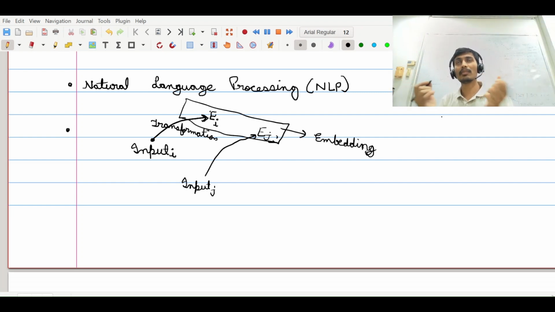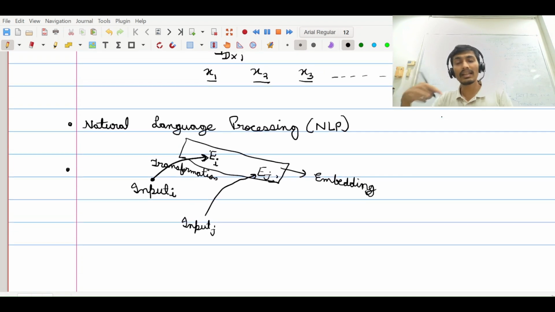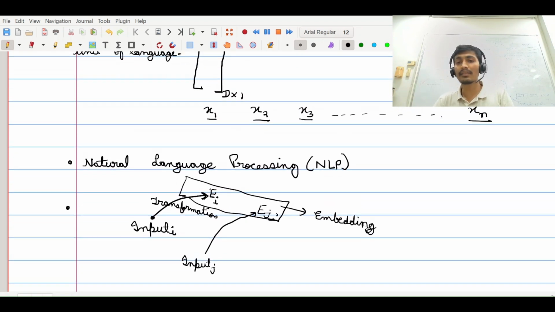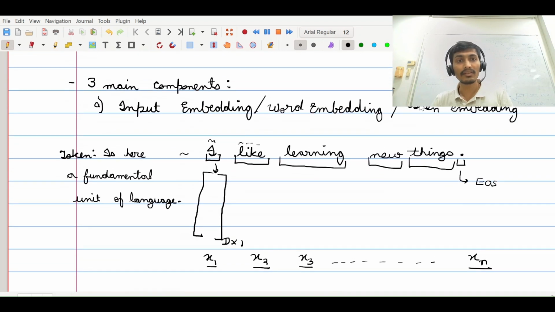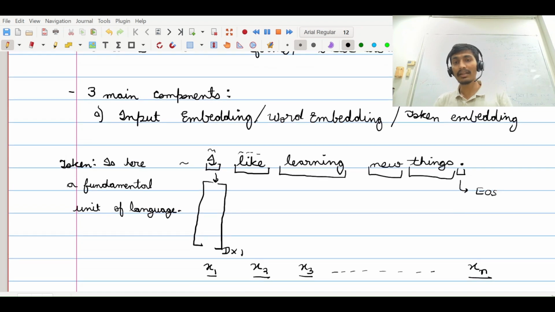Suppose some words are similar, so the corresponding input vectors to those two words should land up in closer places in this embedding space. Suppose that is the requirement. Depending upon the different requirements, we can have many kinds of embedding space. So the first main component was input embedding, word embedding or token embedding.